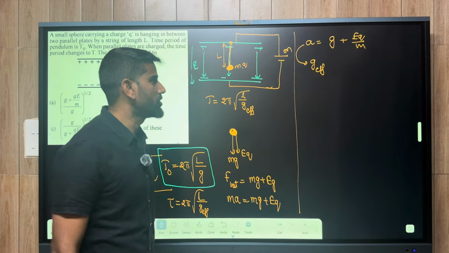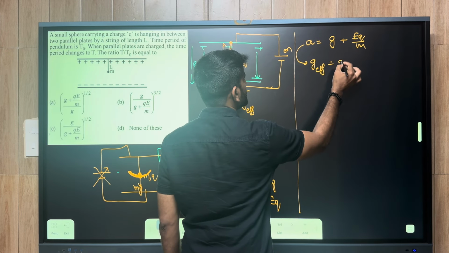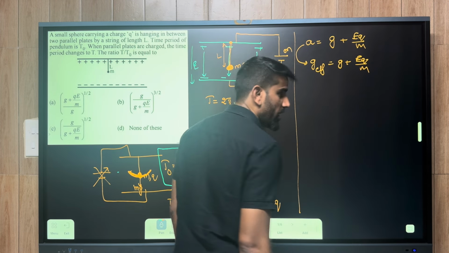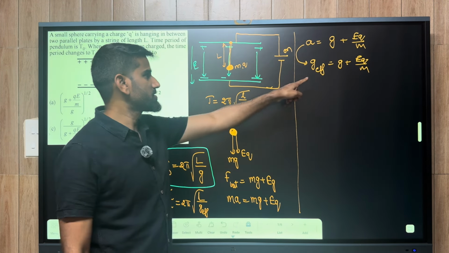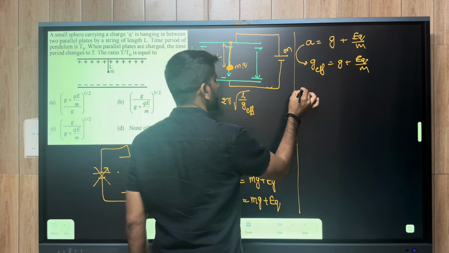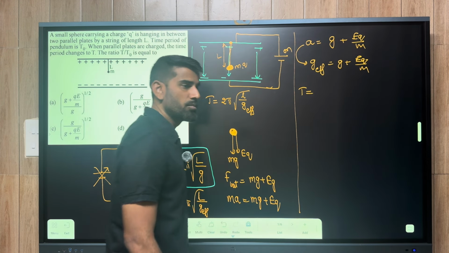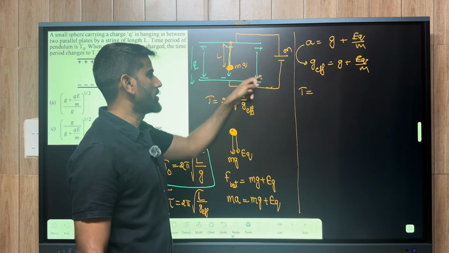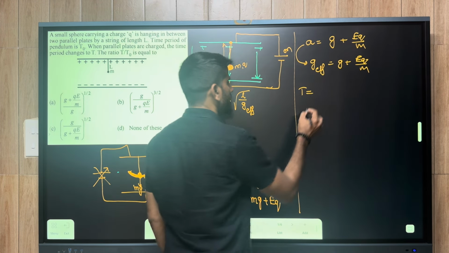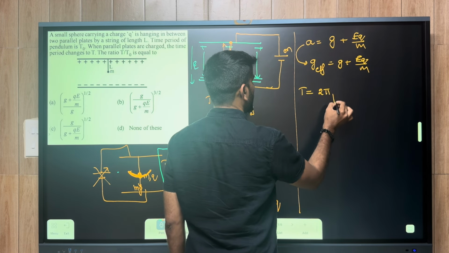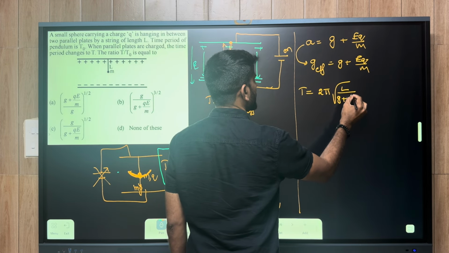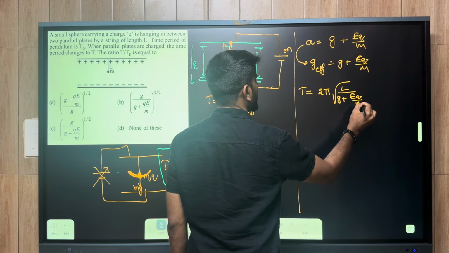So g effective is equal to g plus Eq by m. Now, if I replace this g effective into this equation, I will get the time period of the pendulum when the source is turned on and the plates are being charged. So T is equal to 2 pi root over L by g plus Eq by m.